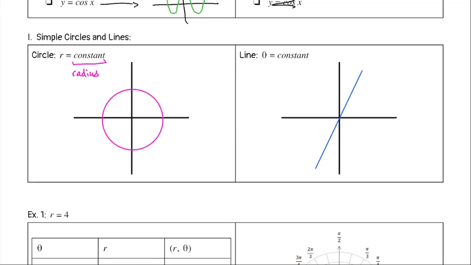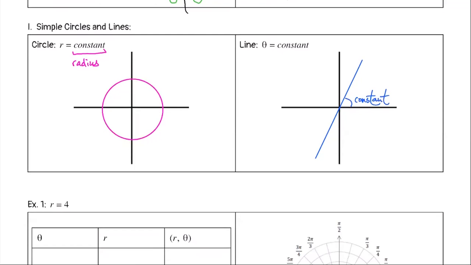And whatever the constant is will tell you what angle your line is at. Those are our two most simple equations: r equals a constant and theta equals a constant. Those are going to give us either a circle or a line, and both of those are either centered at the origin or go through the origin.